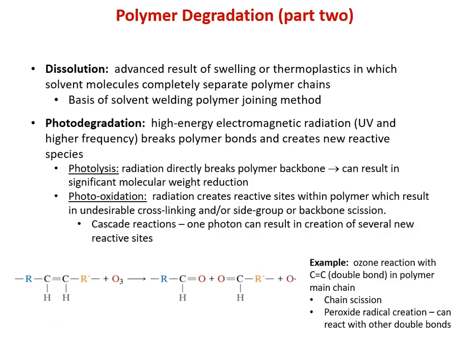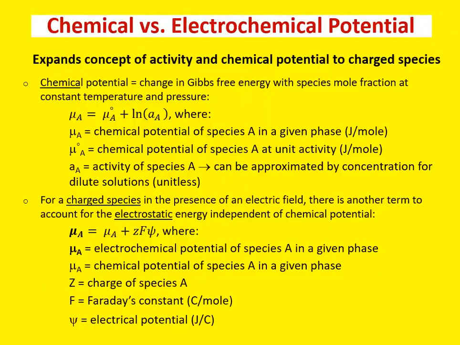We can put in additives that will absorb the photooxidative aggressive species. We can put multiple layers on. There's a lot of ways to deal with that, but we do need to be aware that it happens, especially if our polymer is being used directly in a structural application. But secondarily, if we're relying on it, say, as a paint or a coating to protect something underneath, it won't necessarily last as long as we think it does.